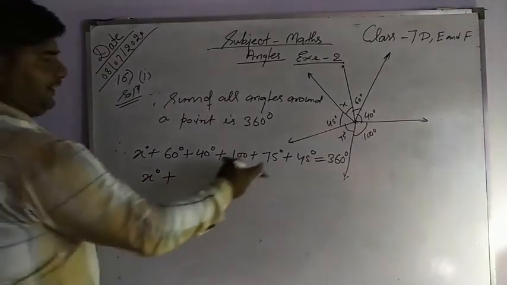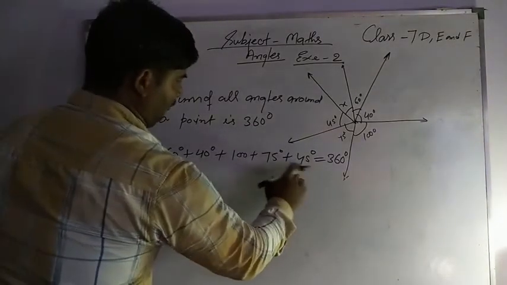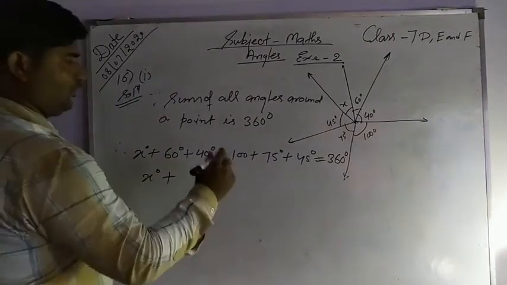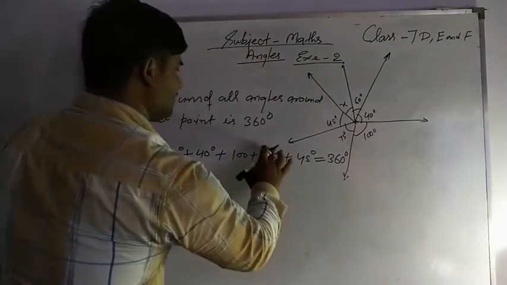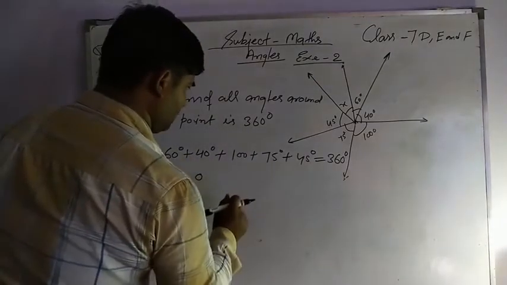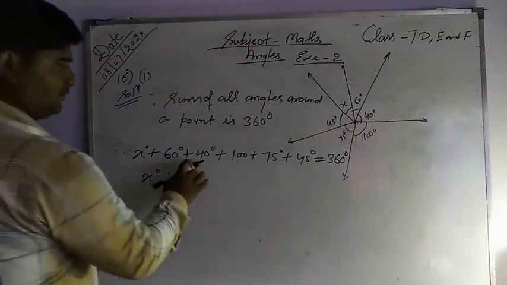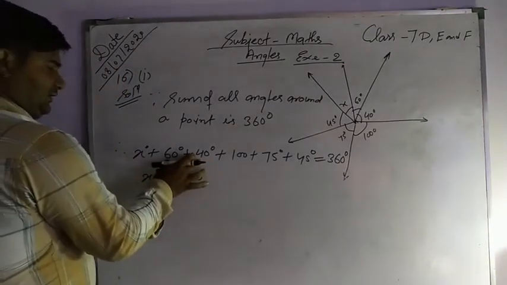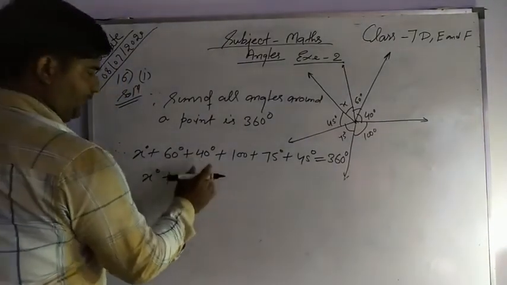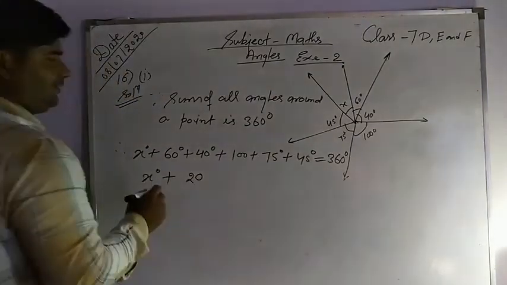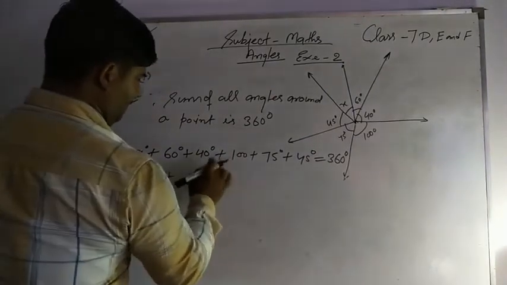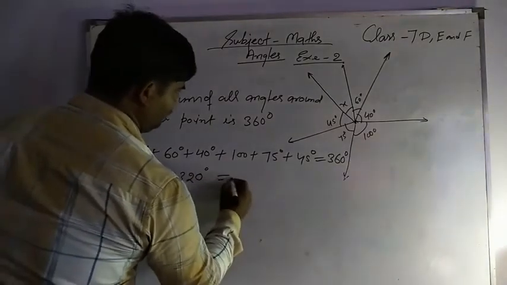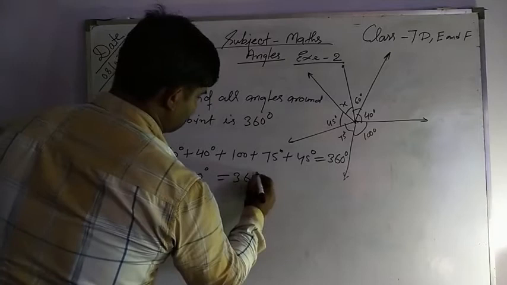So first of all we add these values: 5 plus 5 is 10, 0 and 1 carry, 7 plus 4 is 11 plus 1 is 12, 12 plus 10 is equal to 22, 2 carry and plus 1 is 3, 320, and this is the 360 degree.